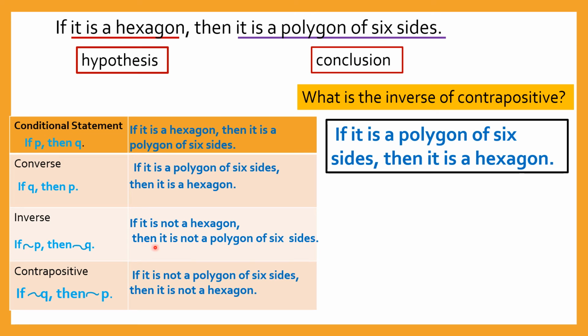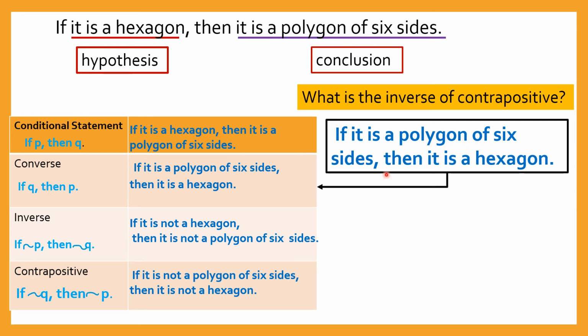So inverse of contrapositive. This is the contrapositive, which means this is the original statement, and we are just going to negate this original statement. That is the inverse. If not P, then not Q. And since this is already a negation, to get the negation of a negative, it becomes positive. And that is equivalent to the converse.